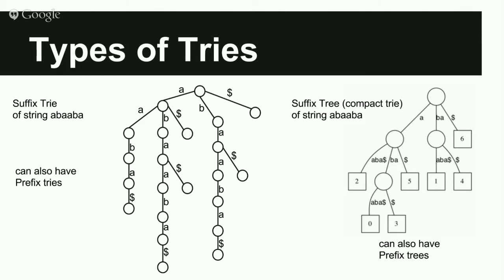Okay, so on the left again we have the suffix trie of the ABAABA string. You can also have it as a prefix trie, and on the right you have a compact trie, and these are actually called trees. So you call them suffix trees or prefix trees, and these have better runtime operations, but we're not actually going to go into them today.